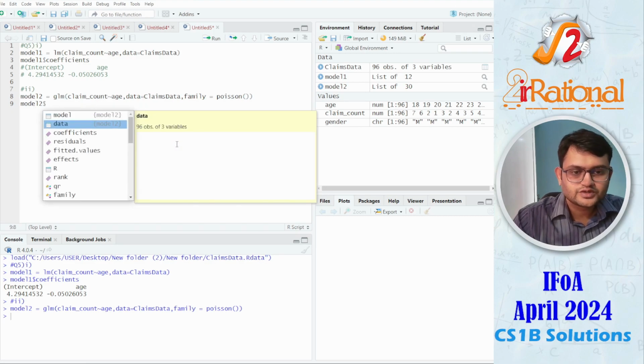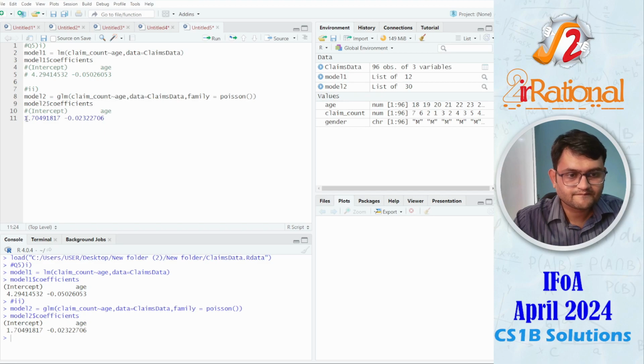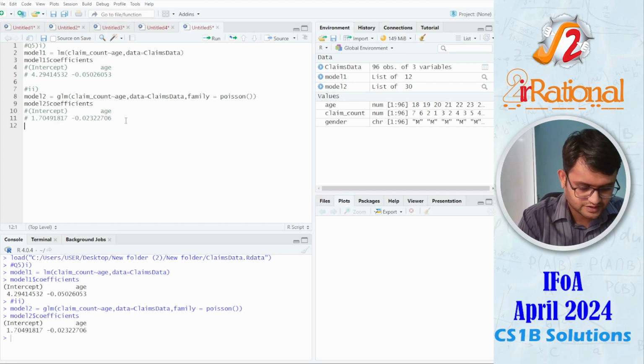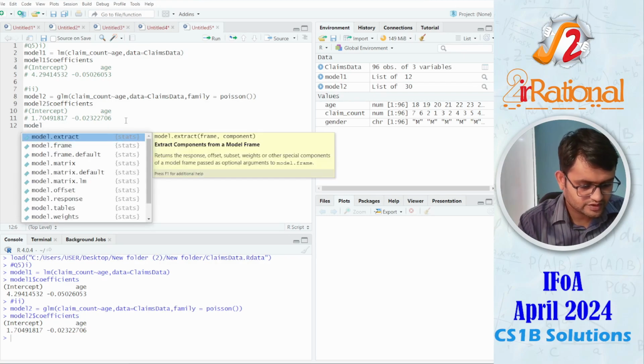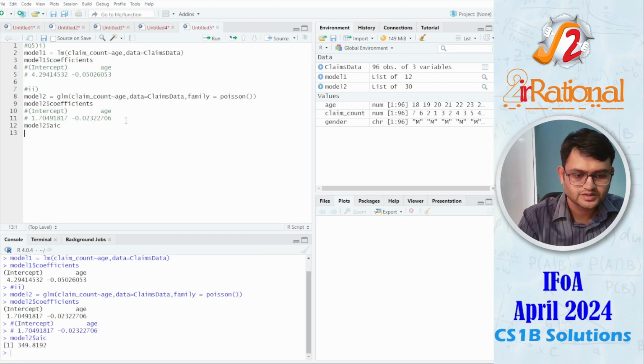Model 2 coefficients, we get the coefficient values. Write it as an answer, and then AIC. Model 2 AIC.